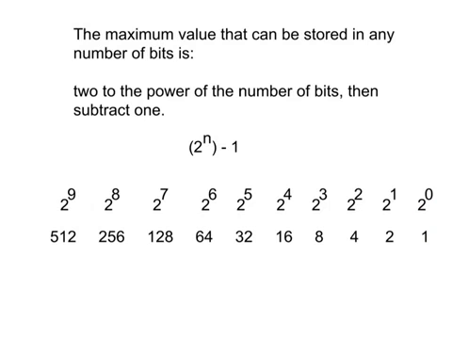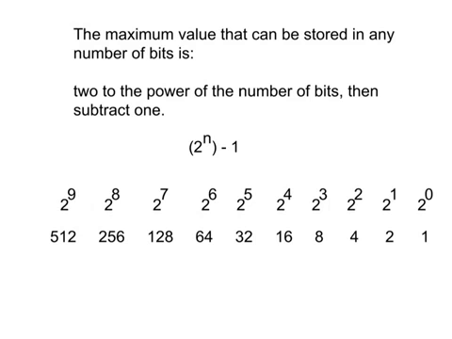So here's what I want you to see. If you have 3 bits, then if you want to know what is the maximum value you can store in 3 bits, you simply say that 2 to the power of 3 is 8, and then 8 minus 1 is 7, and therefore you know that with 3 bits you can store a maximum value of 7.